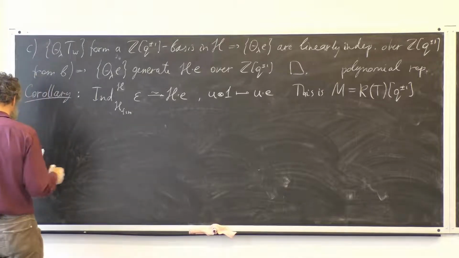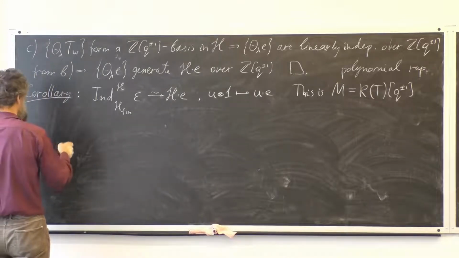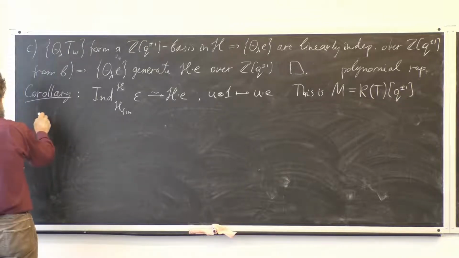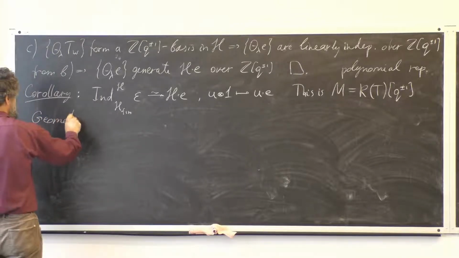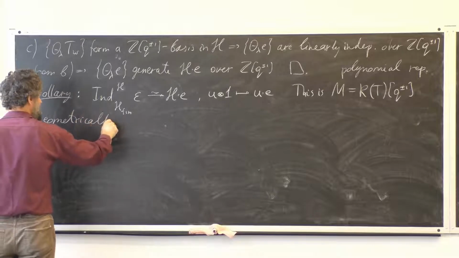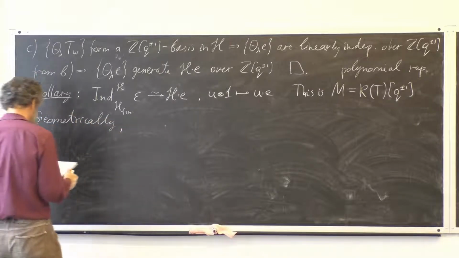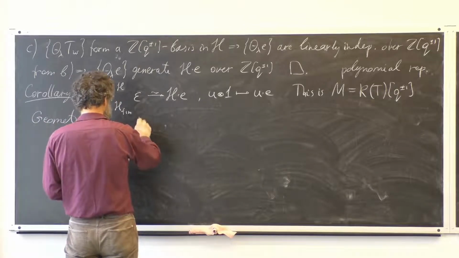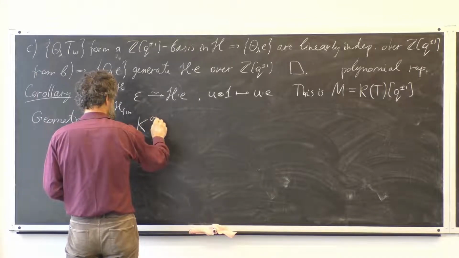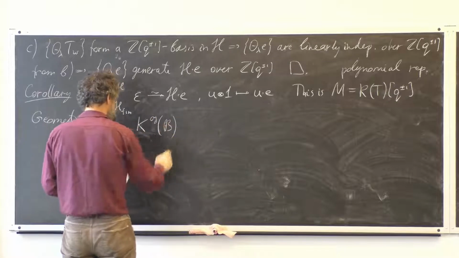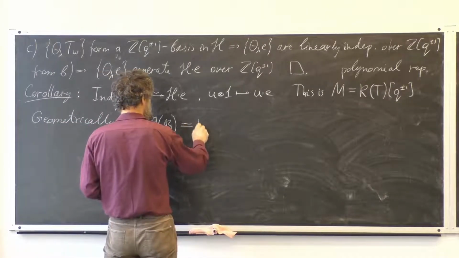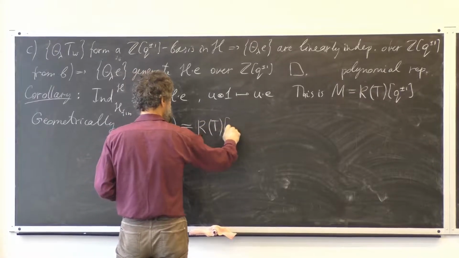Okay, and now geometrically we have the equivariant K group of the flag variety. It is isomorphic to the same thing.